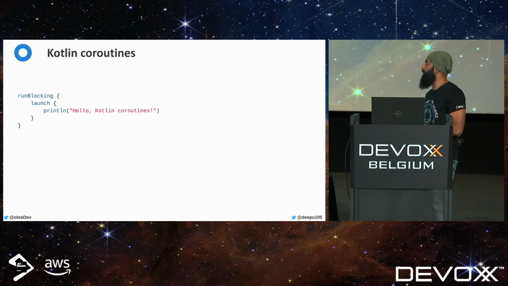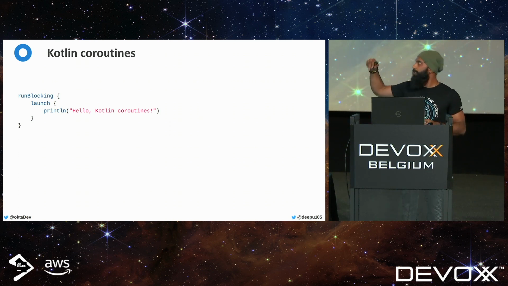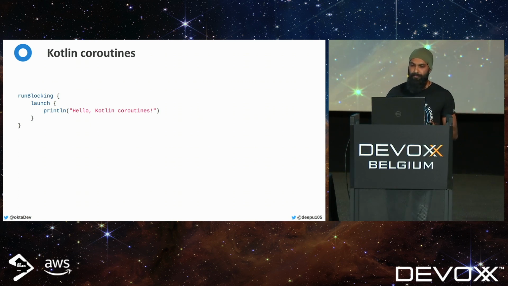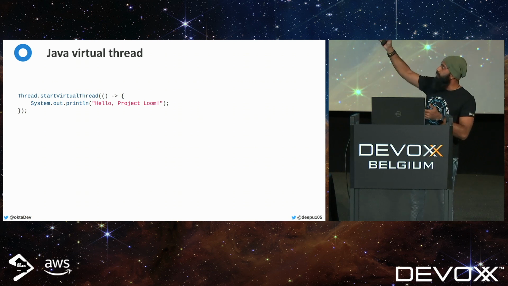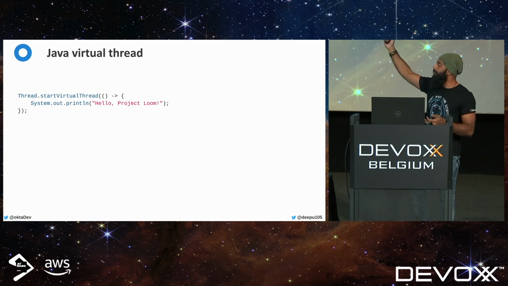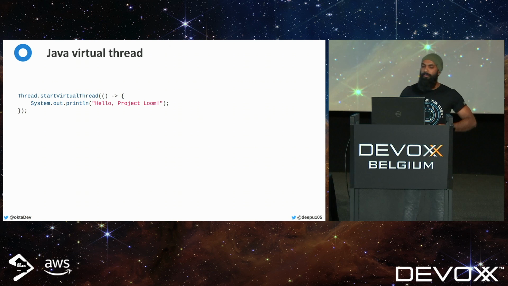And similarly, this is coroutines in Kotlin. A little bit more ceremony, but again, quite simple, powerful, and easy to use. And finally, this is the new virtual threads, which I would say is closer to the one that we saw in Go. Of course, the syntax is different, but it is easy to use, flexible and powerful.